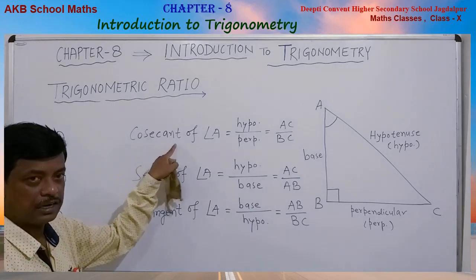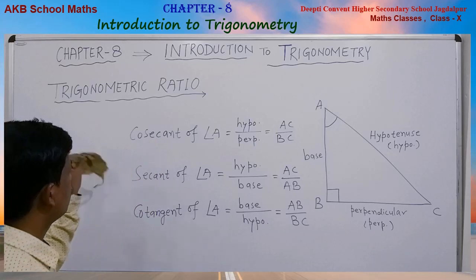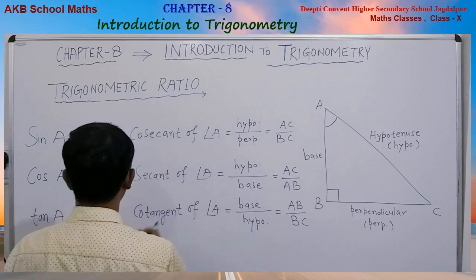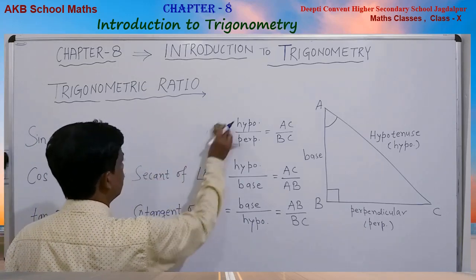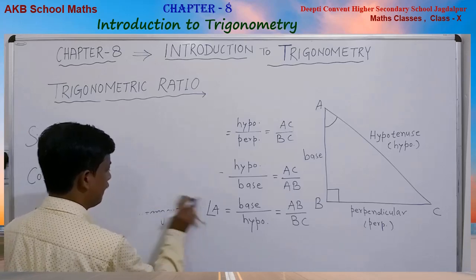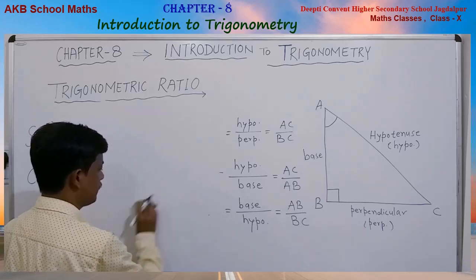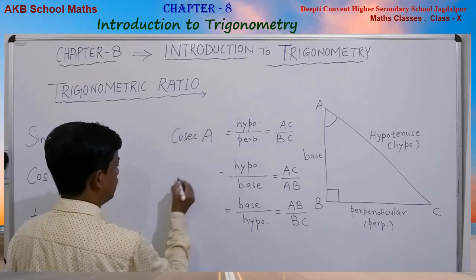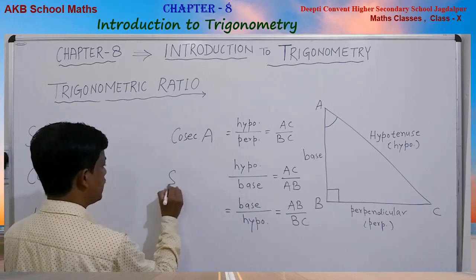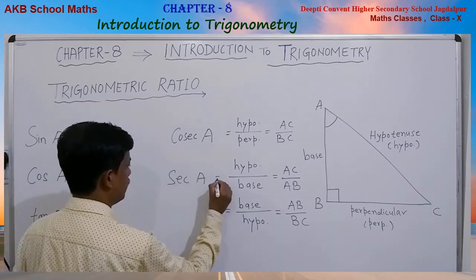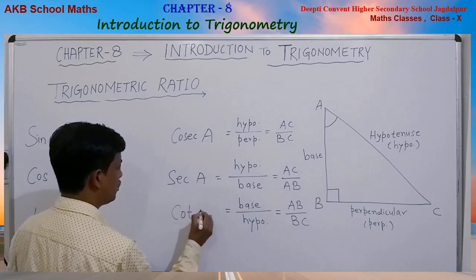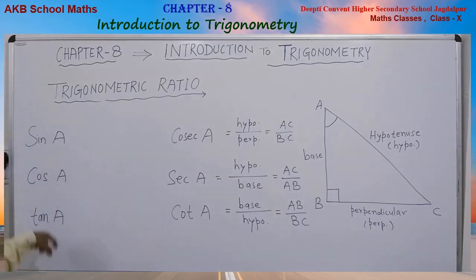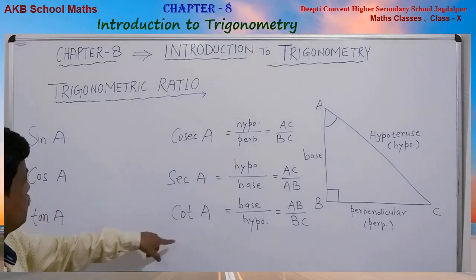In short, this is written as cosec of angle A. So we are writing like this: cosec A, sec A and cot A. These three are the reciprocals of the basic ratios.